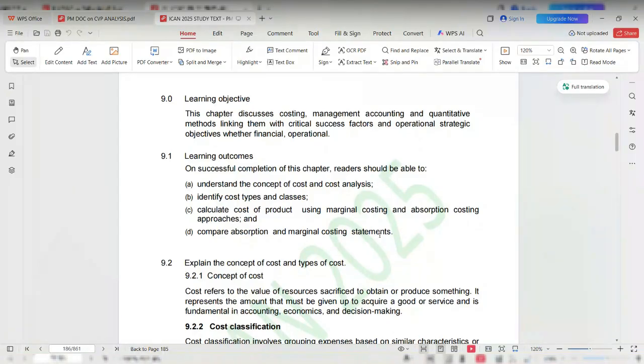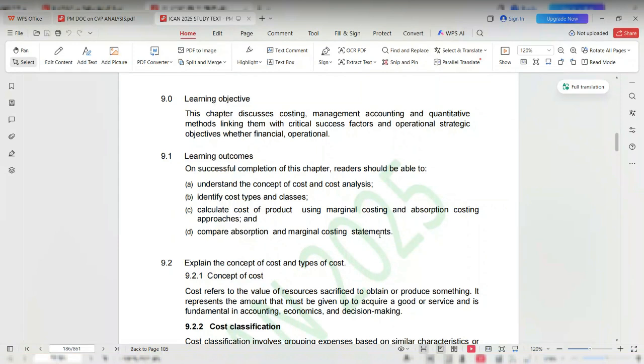Explain the concept of cost and types of cost. Cost refers to the value of resources sacrificed to obtain or produce something. If you say cost, what is cost?